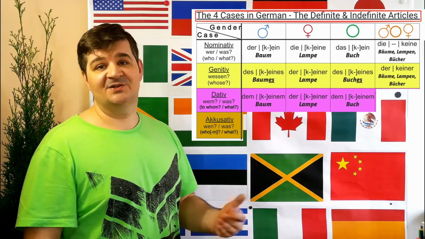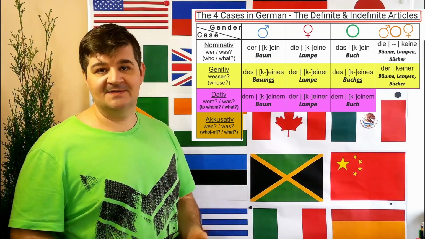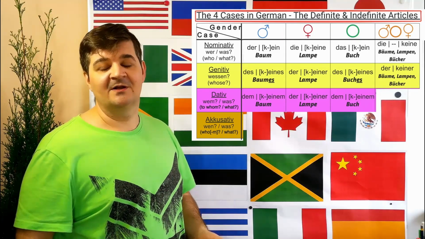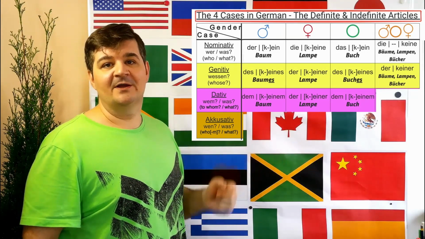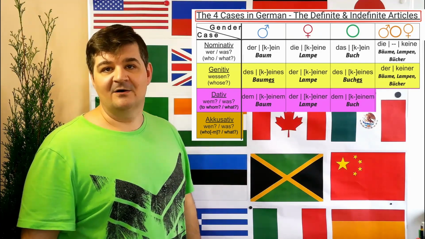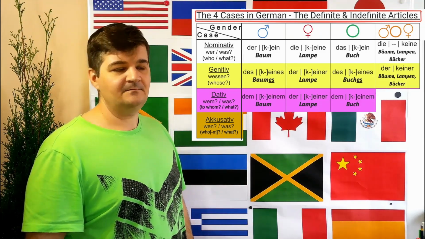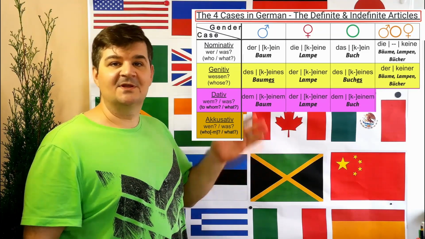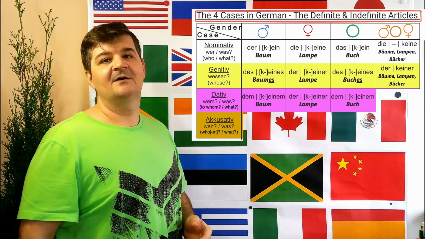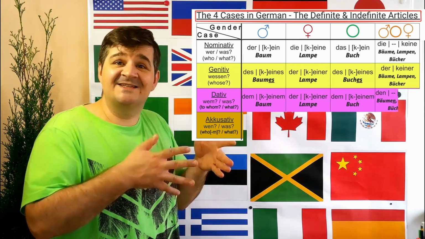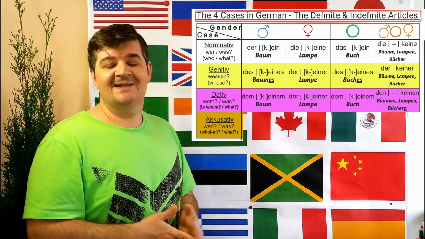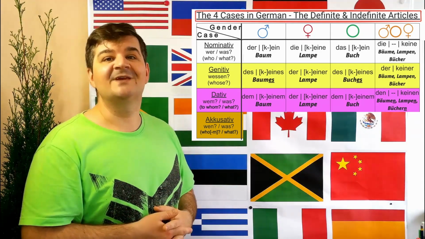Yeah? As I told you, if you want to say the opposite, an indefinite article, if you want to use such an article, as you can follow here, you will simply have to add a K at the beginning of this article. And of course, the last column here, the plural column, we will have here for the plural form den Bäumen, den Lampen, and den Büchern.